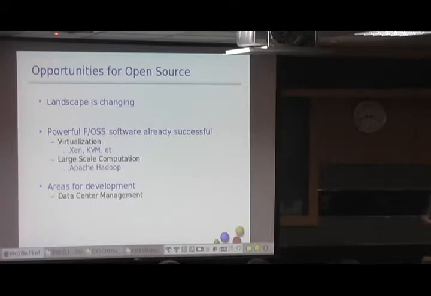We need tools. In this academic data center that I'm going to talk about a little bit, the one piece of software that we rely on that is not open source is IBM's Tivoli systems management software, simply because IBM is one of the few companies that has the experience and the access to resources to develop such software. I would love it if there were an open source alternative to it, but there isn't yet.